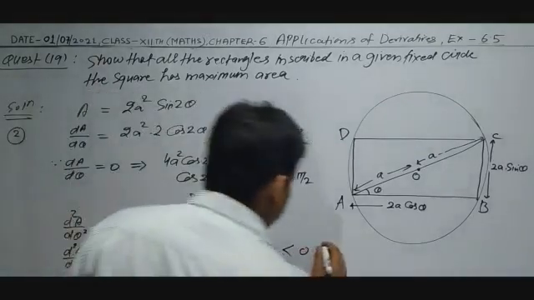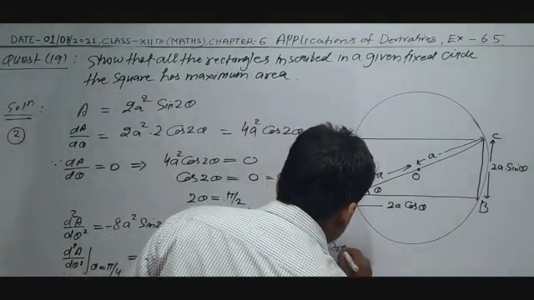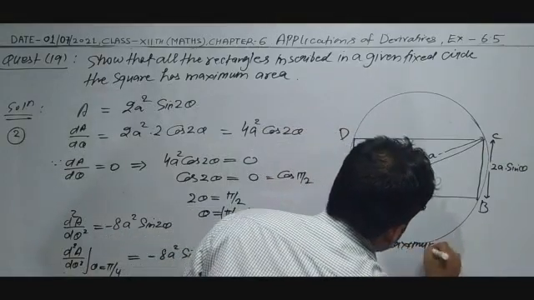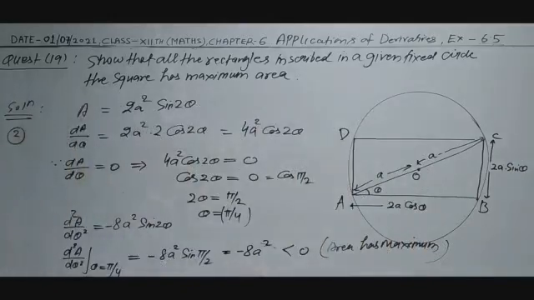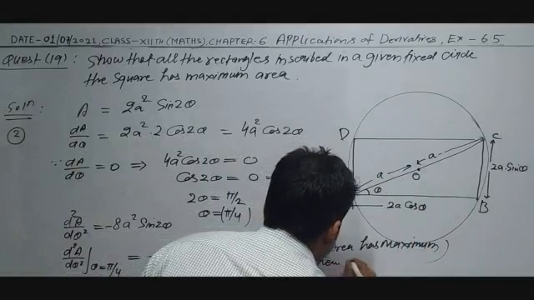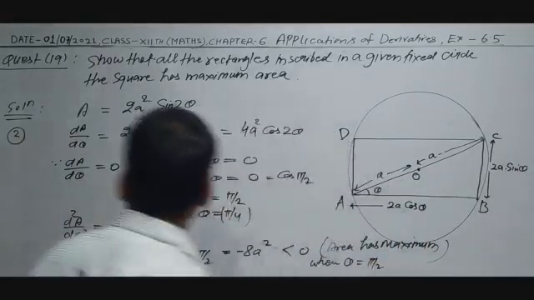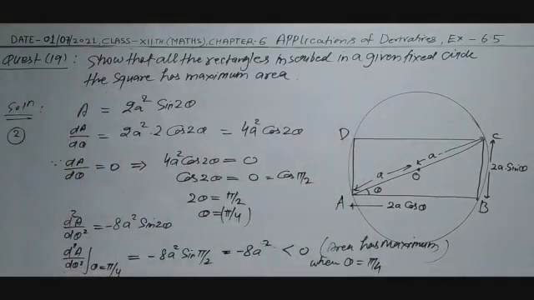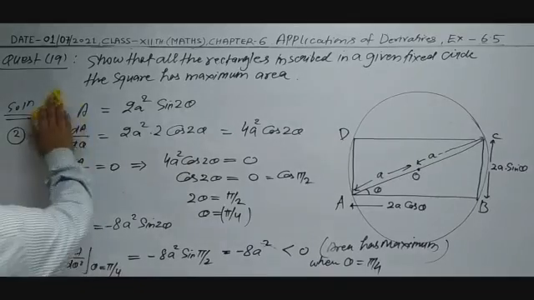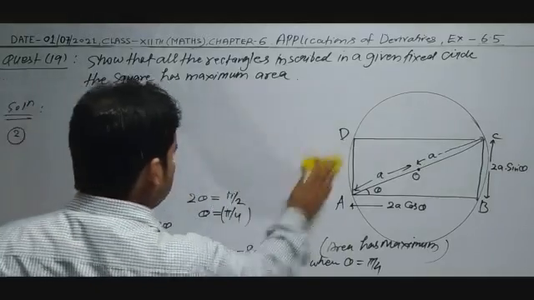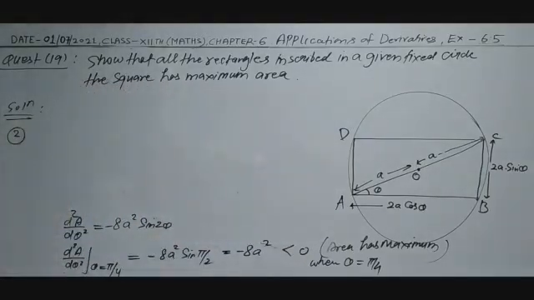This shows the area has maximum when theta is equal to pi by 4. So now what will be the answer? Calculate their sides.